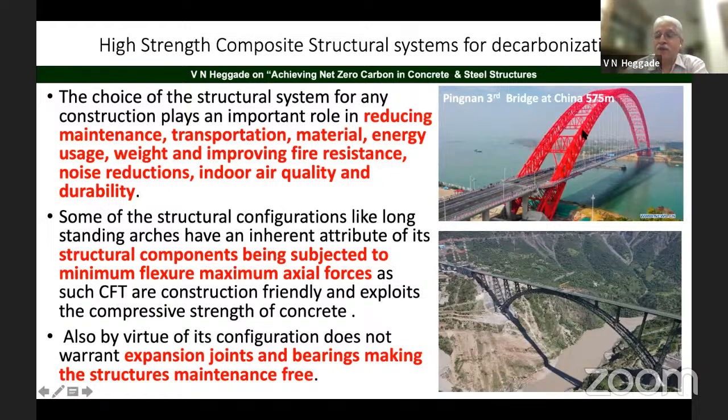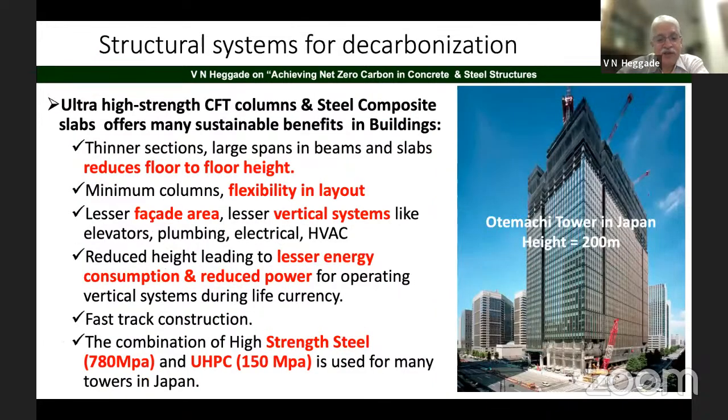And the quantum of the material which has to be used, which has been emitting the carbon dioxide, can be reduced to a large extent. That is another way. Even the steel with strength of 780 MPa and UHPC composite materials can also be used in buildings.